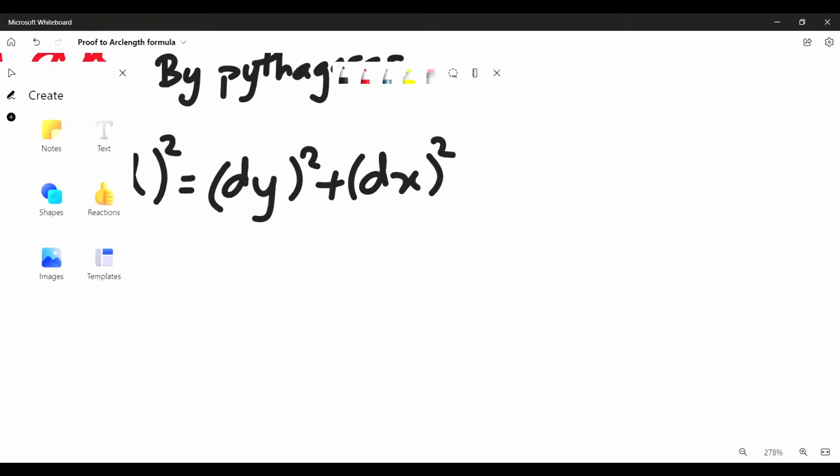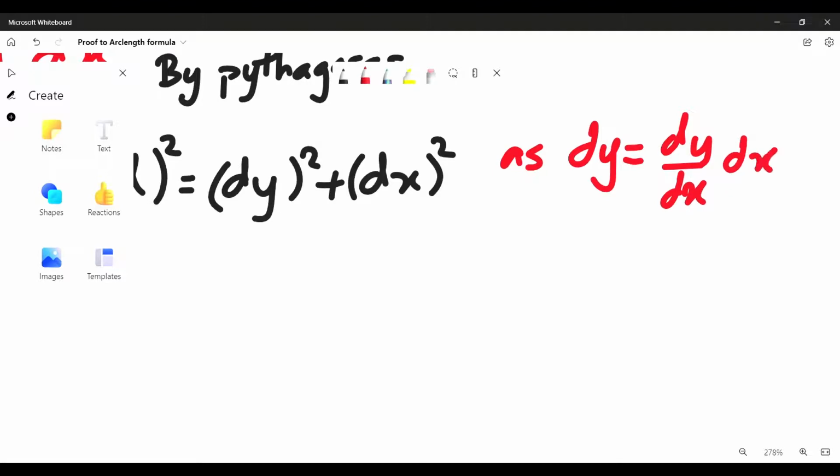So dy is equal to dy over dx, as a linear equation, times dx. This may seem trivial, but the idea behind it is quite strong, because it is the small change in x times the gradient, as it would be for a linear equation.